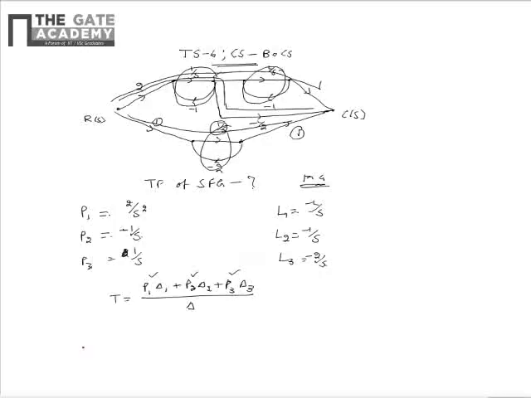We know that delta 1 can be written as 1 minus L3. Here L3 has come into picture because for the forward path 1, the loop 3 is untouching.